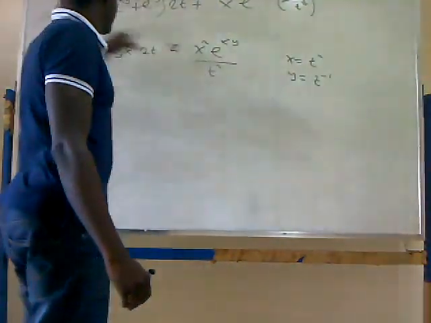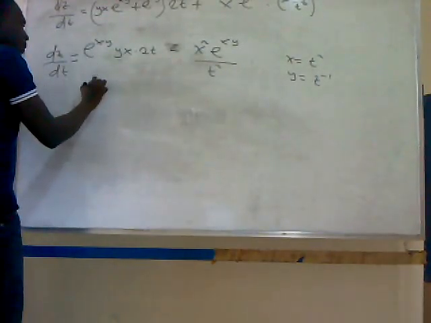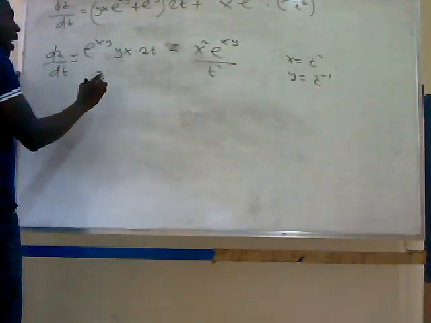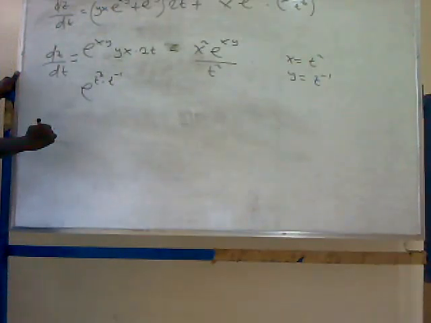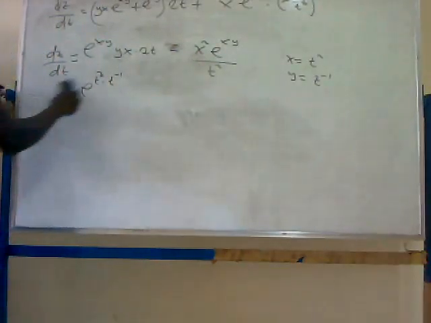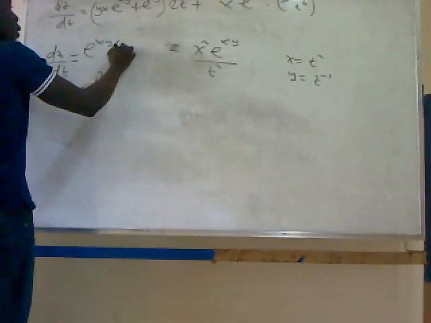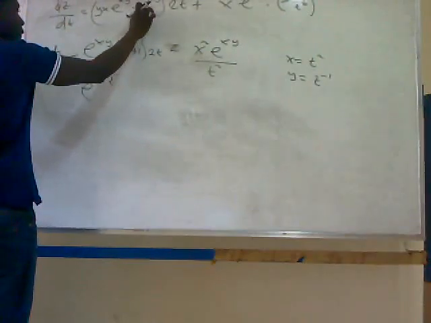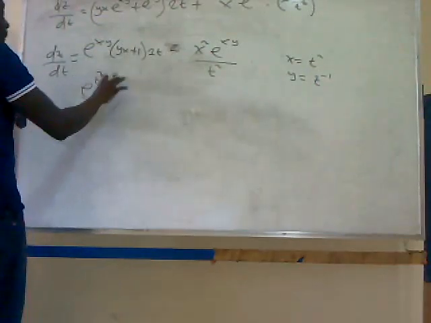So we put these here. This here is wrong, forgive me. So it's actually (yx plus 1) multiplying 2t. When I factorize it out, I get this. Forgive me.